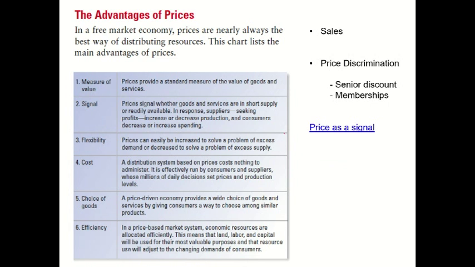So let's take a look at the advantages of prices. It's a measure of value. So if you see a vehicle that's 10 grand and you see one at 50 grand, you're like, why is that worth 50 grand? It's probably more valuable. Prices are a signal. It tells you if something's in short supply. If you see sales or a markdown, it gives you a sense that a lot of people want it, or that it's going to be leaving, so you may pick it up.